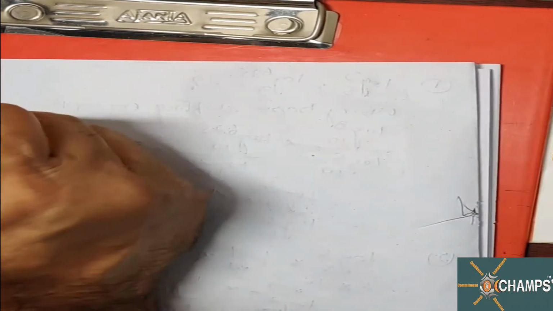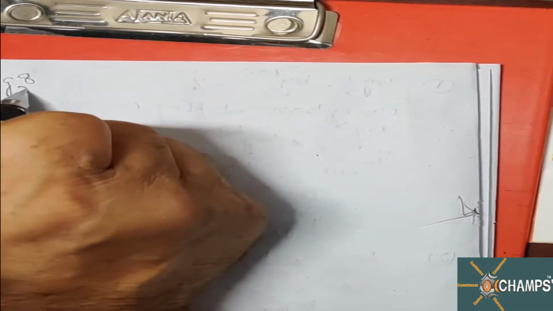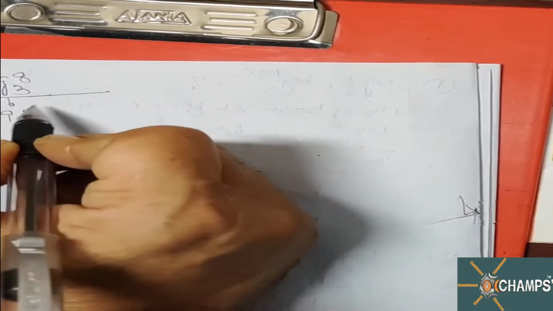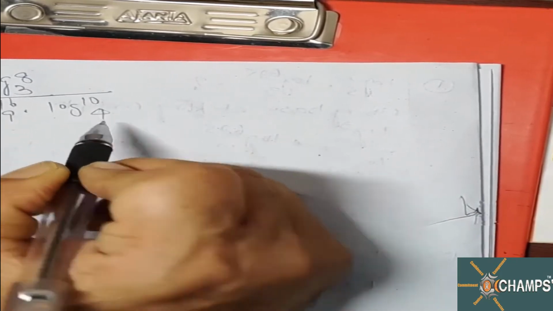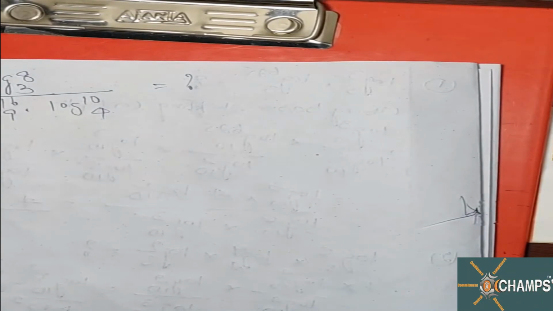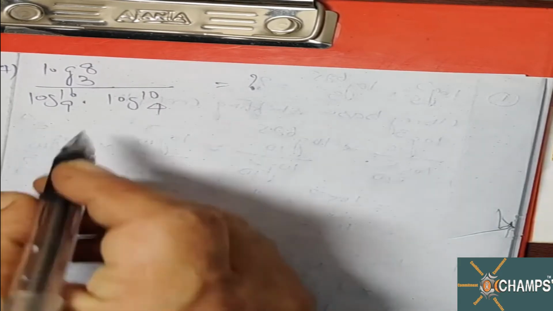Log 8 to the base 3 divided by log 16 to the base 9 into log 10 to the base 4 is equal to question mark.